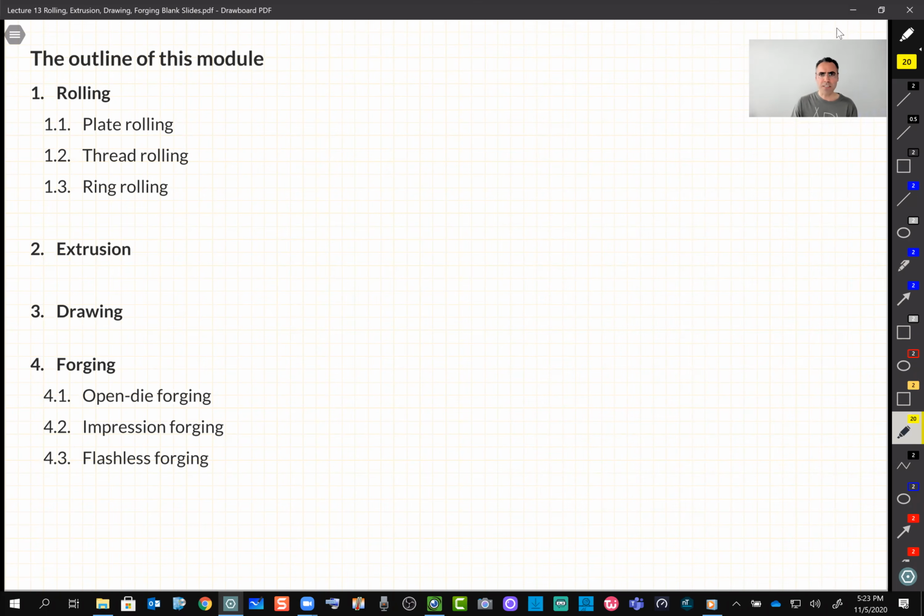Extrusion and drawing are very similar, except for the concept of pushing a material or pulling a material. And then forging, which has three ways of doing it: open die, closed die, and flashless forging, which we'll get to hopefully. As you can see, today's topic is a little bit hectic, but it's super simple.